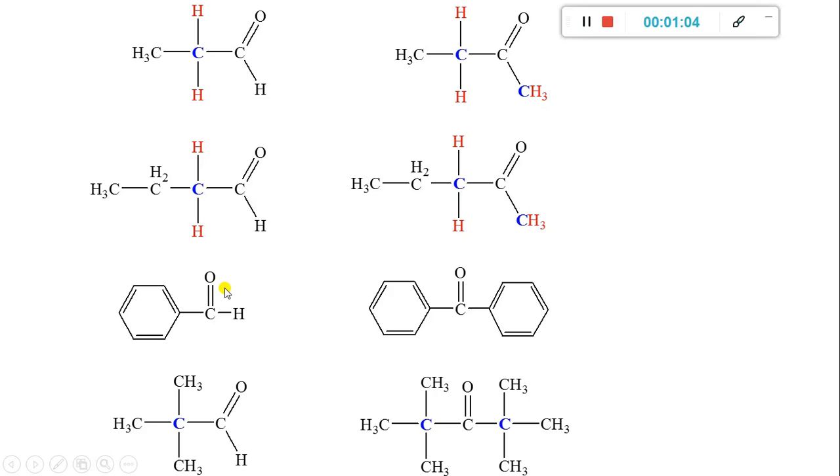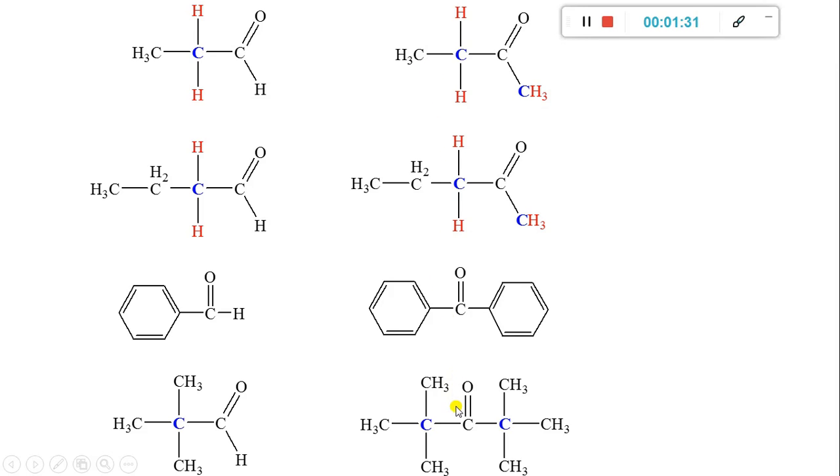The other aldehyde, which is aromatic, benzaldehyde, contains no alpha carbon hydrogen, so it will not undergo aldol condensation. The final aldehyde contains an alpha carbon without alpha hydrogen, so it will not undergo aldol condensation.